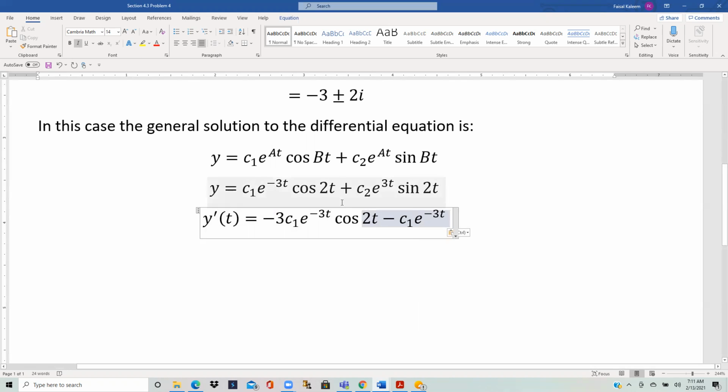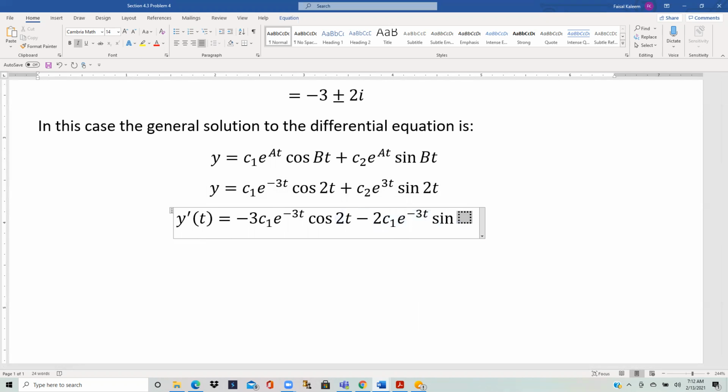And the cos 2t derivative was -2 sine 2t, so we can even put the 2 outside here. Okay, so that is just the derivative of the first term.